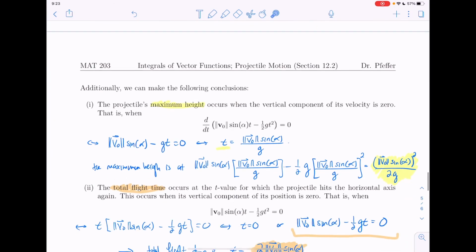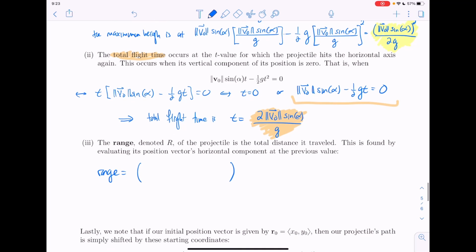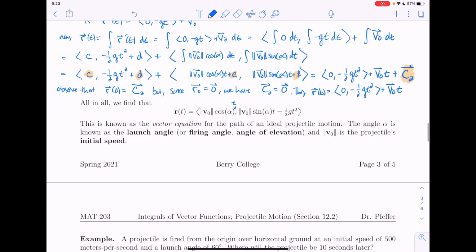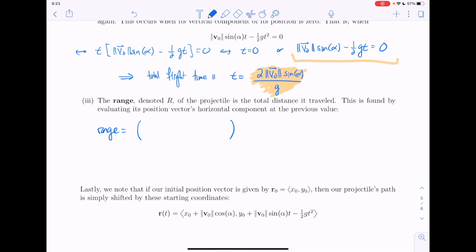And so what we're going to do is take the horizontal component, the magnitude of v0 times cosine of the firing angle times t. And we're going to evaluate that at t equals exactly this quantity.